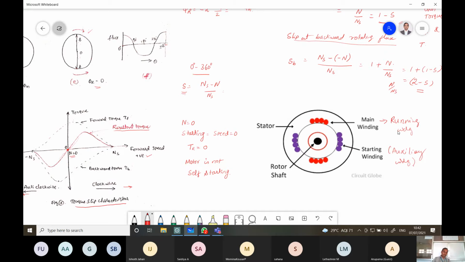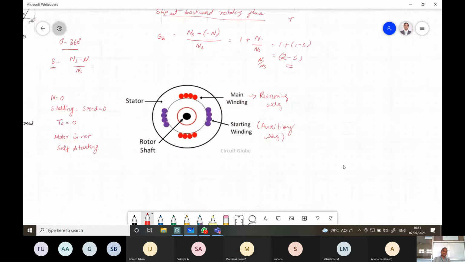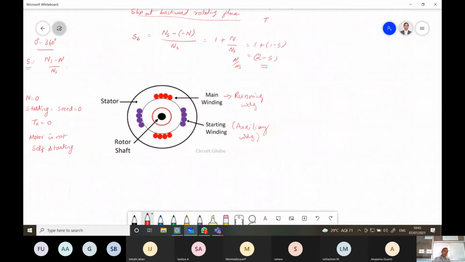So how can we connect these two windings to make the motor self-starting, as well as have a revolving field provided? A single phase induction motor is not self-starting. To overcome this drawback, we have to make it self-starting.